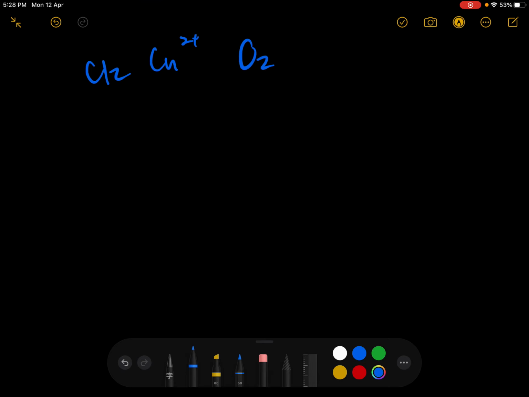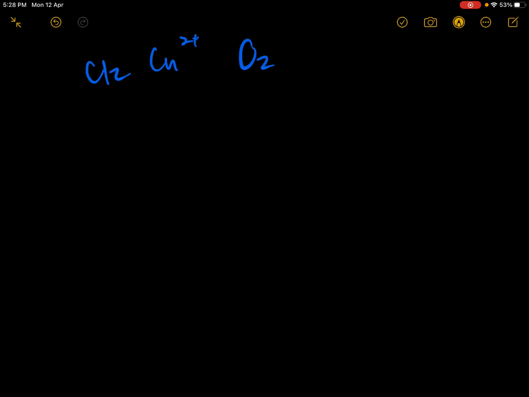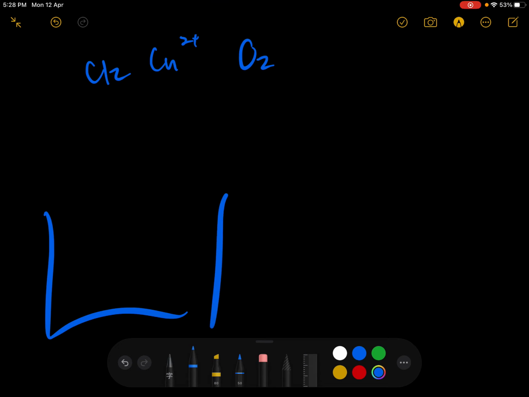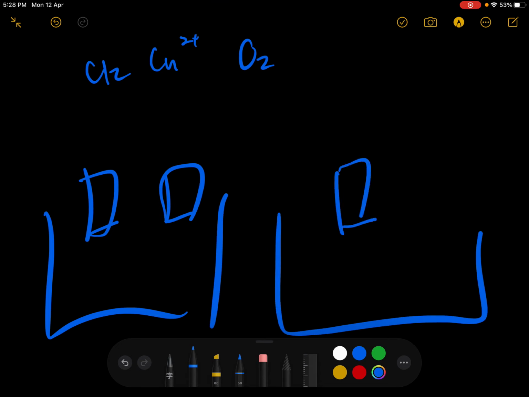Now we're going to go to the chemical cell and the electrolytic cell. Let's draw both first.